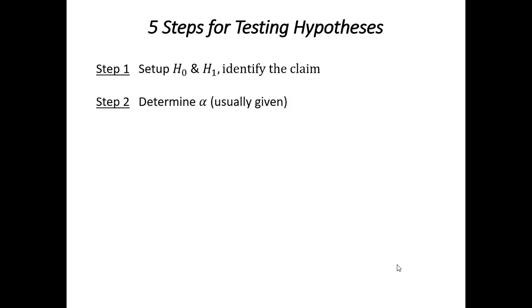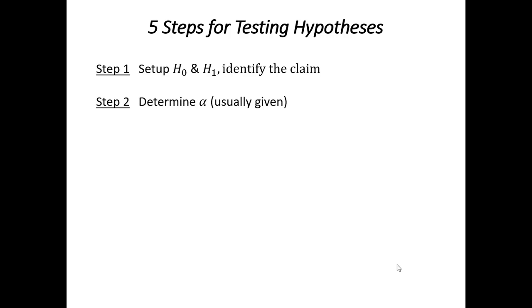We will also go through what's known as the 5 steps for testing hypotheses. The first step is to set up the null and the alternative. If it's given, try to identify which of these is the claim. Often the claim is the alternative, but not always.